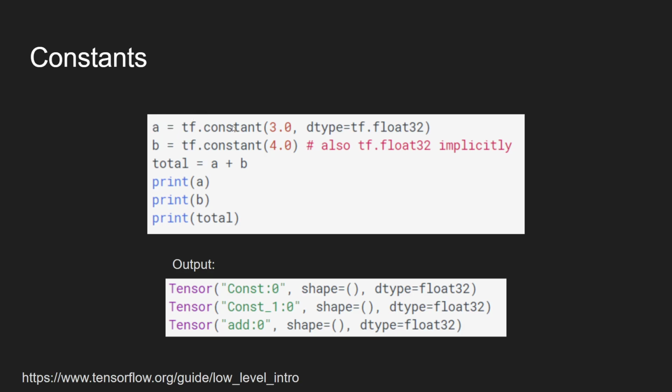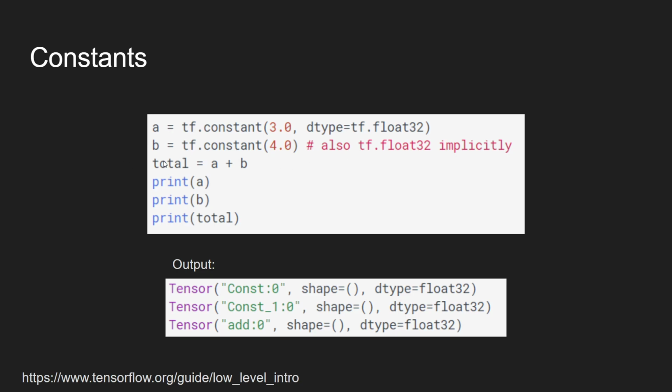First of all, let's take a look at this here. Here I create two variables. A is a constant of 3. B is a constant of 4. They both have types; implicitly, it's just going to be float32.